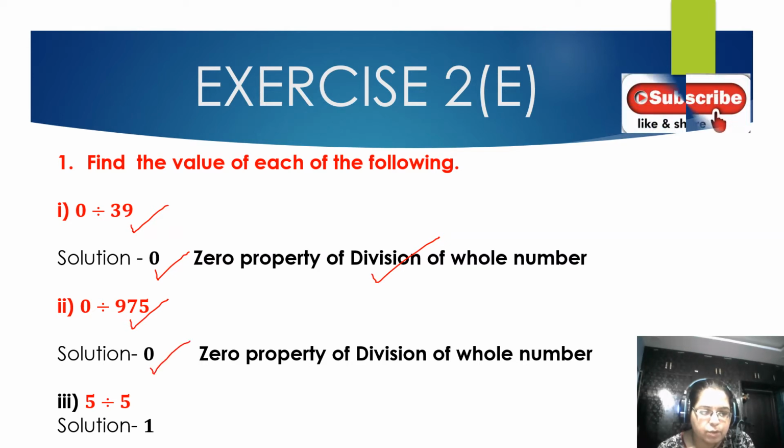Third bit is 5 divided by 5. We know any whole number divided by itself we get 1 only. So 0 divided by any whole number we get 0, and any whole number divided by itself we get 1.